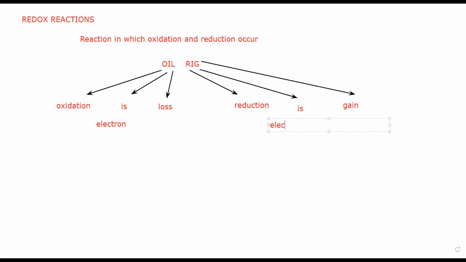So this definition can be applied for any chemical reaction. But other definitions which involve oxygen or hydrogen are specific only for certain reactions, not valid for all types of reaction. So the universal definition: oxidation is a loss of electron and reduction is a gain of electron.